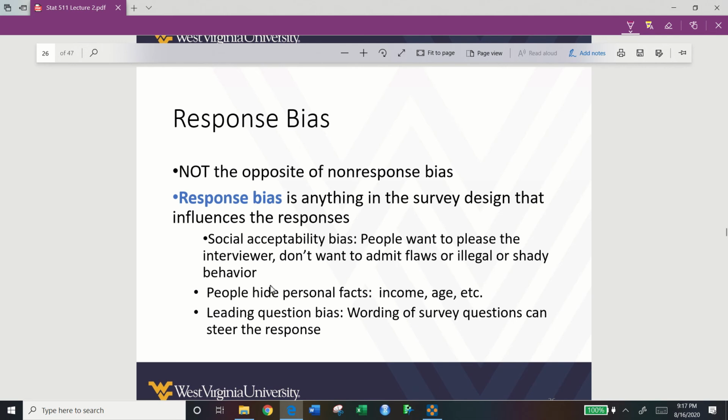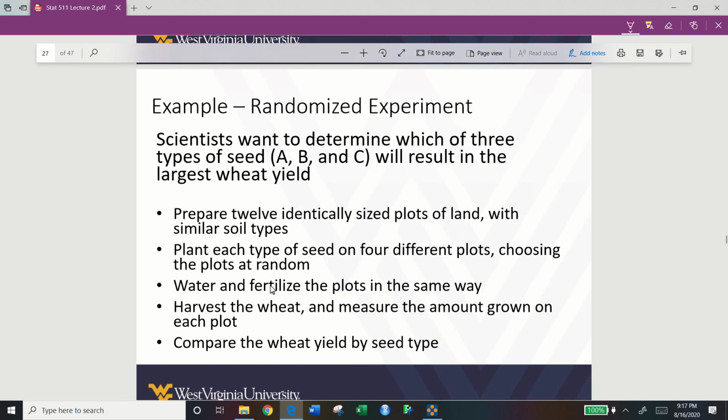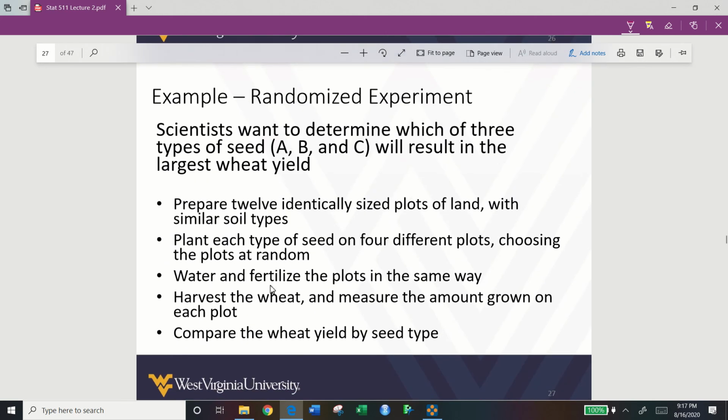That's not truly getting the kind of unbiased information that we want as statisticians.